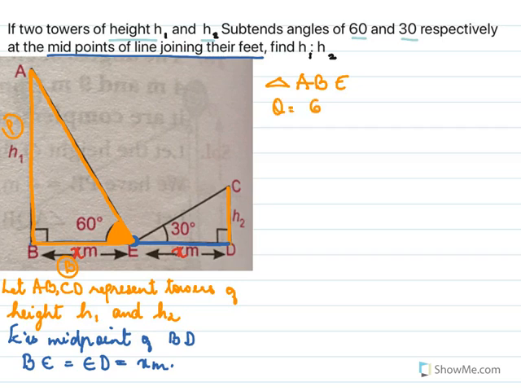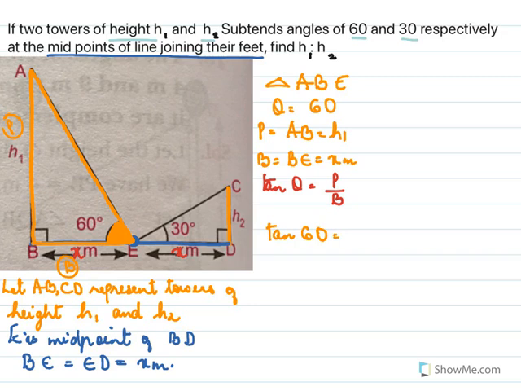So theta is 60, perpendicular AB, which is h1, and base is BE, which is X meter, and tan theta equal to perpendicular over base. So tan of 60, perpendicular AB, base BE. So tan 60 is root 3 equal to h1 over x. So root 3x equal to h1.